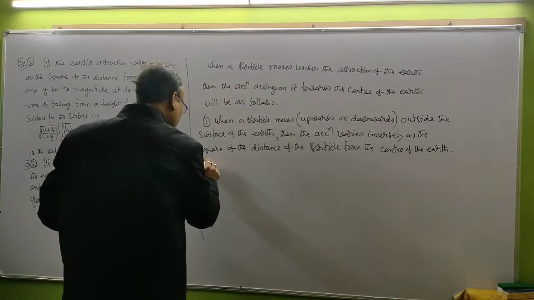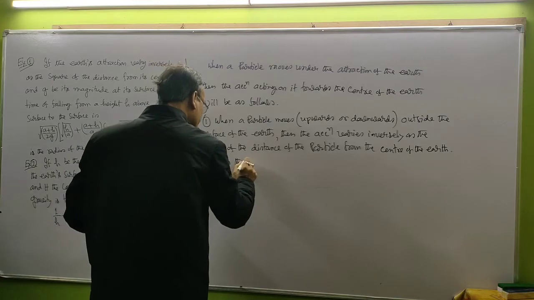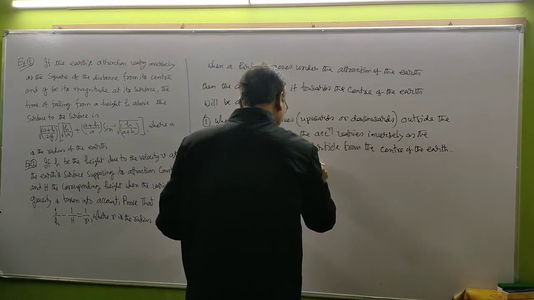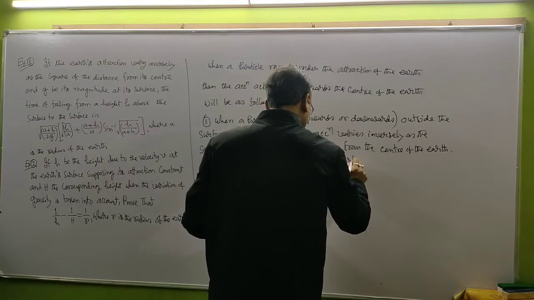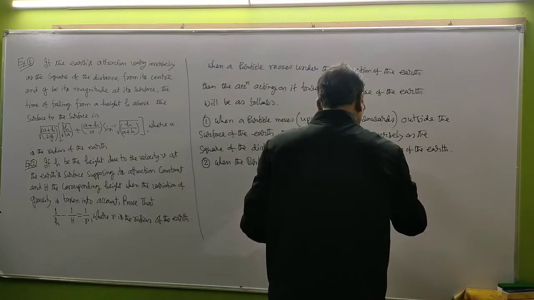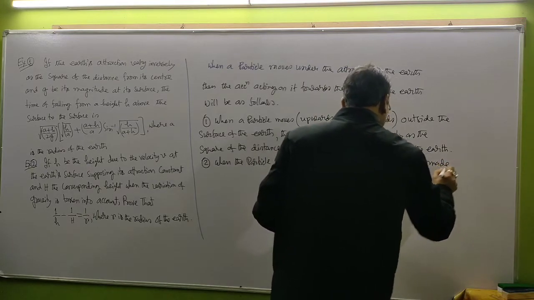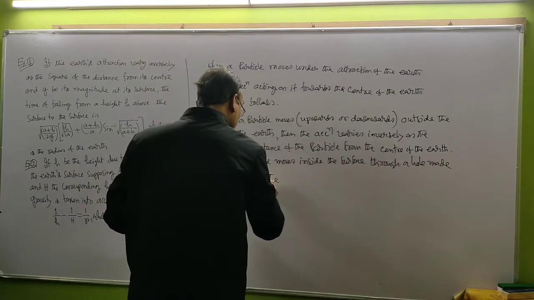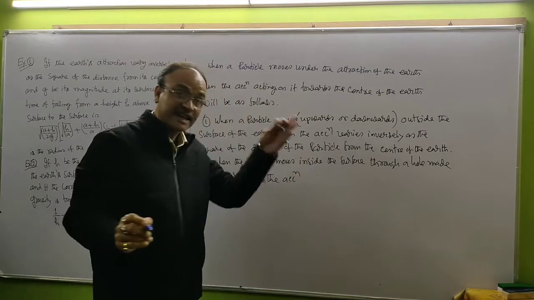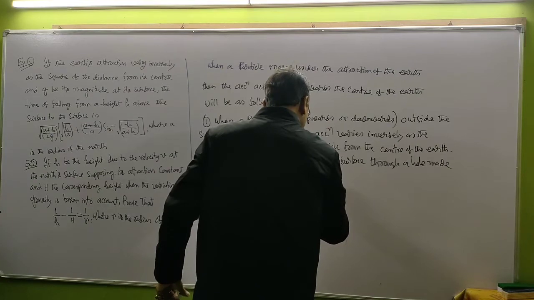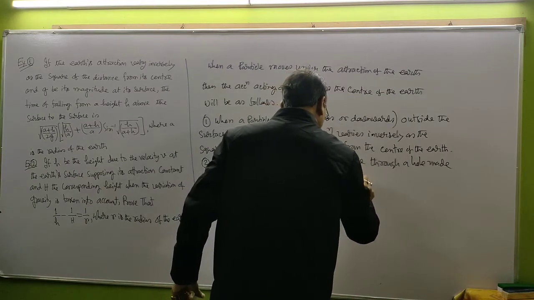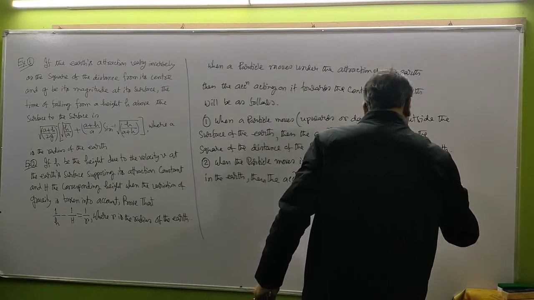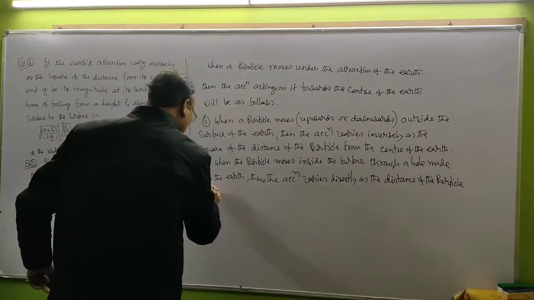Number 2, when the particle moves inside the surface through a hole made in the earth, then the acceleration varies directly as the distance of the particle from the center of the earth.